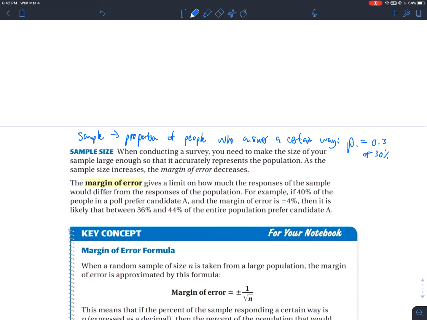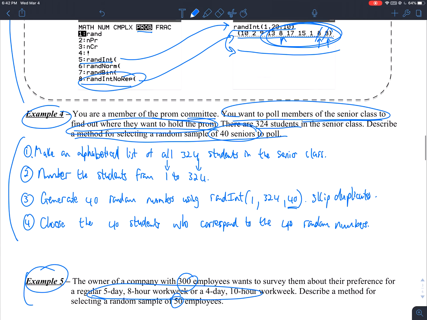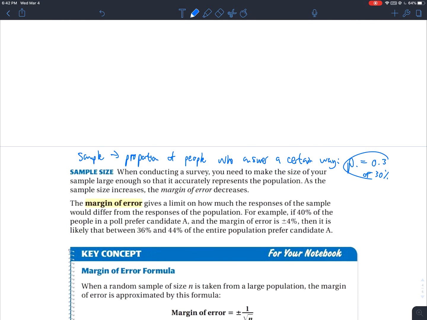The problem is, because I'm looking at a sample to determine how everyone feels, my sample is not exactly the same as the whole group. I took a sample of 40 seniors and asked them a question and got a percentage of them that want to go to the Hyatt for their prom, but that's not all 324. So my proportion is very likely different from the proportion of all students that want to go to the prom at the Hyatt.